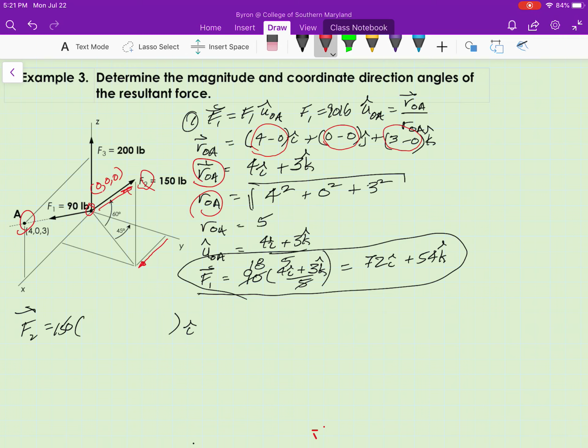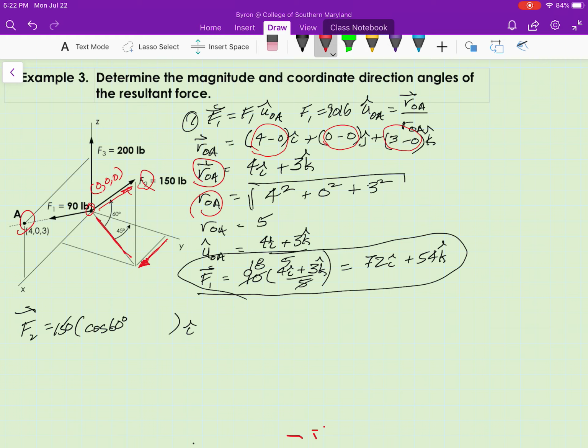So this component here, the x component of F sub 2, is going to be 150 times the cosine of 60, which is going to get me this distance here.